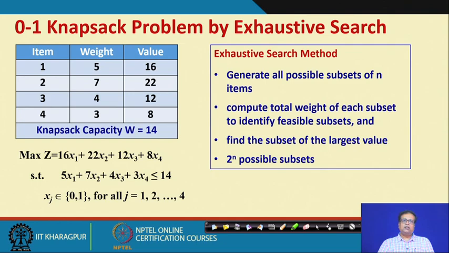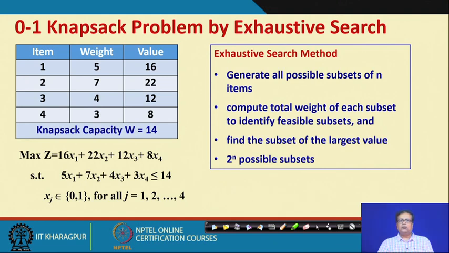Obviously, the formulation is maximize z equal to the total value 16 x 1, 22 x 2, 12 x 3 and 8 x 4 subject to the weight restriction, that is 5 x 1, 7 x 2, 4 x 3 plus 3 x 4 less than or equal to 14. And additionally, it is a 0 1 knapsack, that means each item can be either there or not there, as simple as that, right.